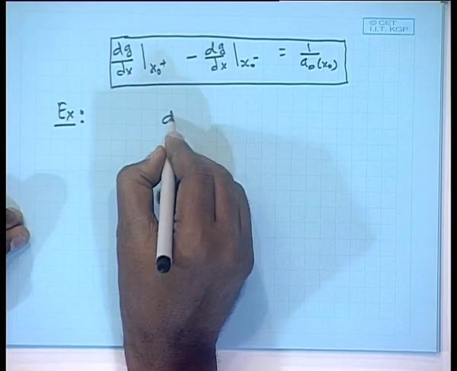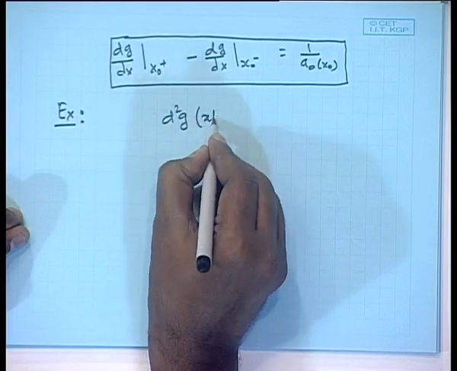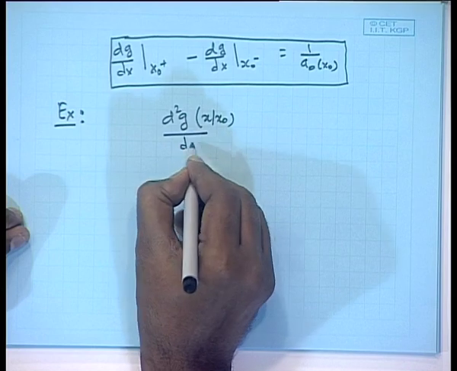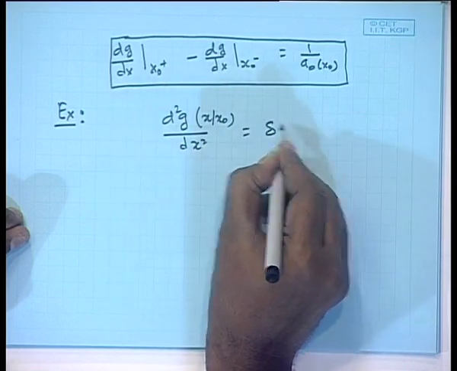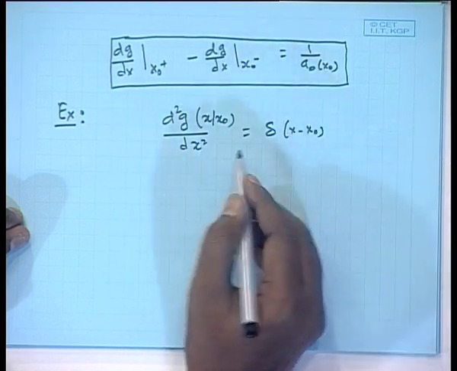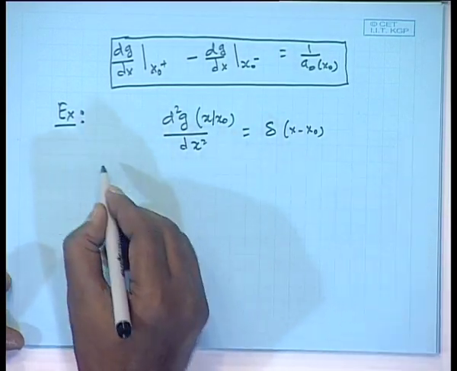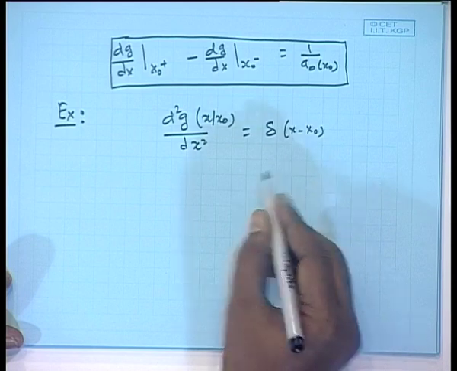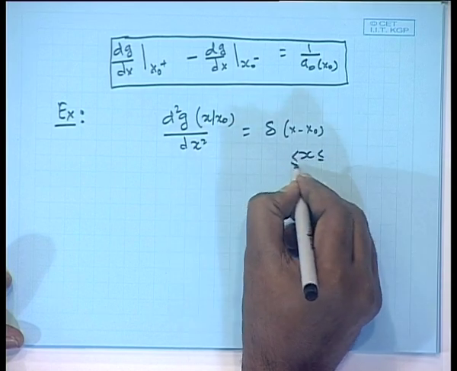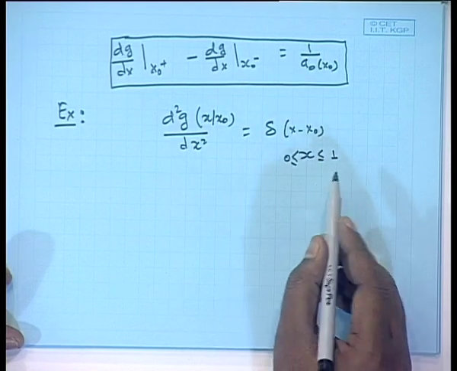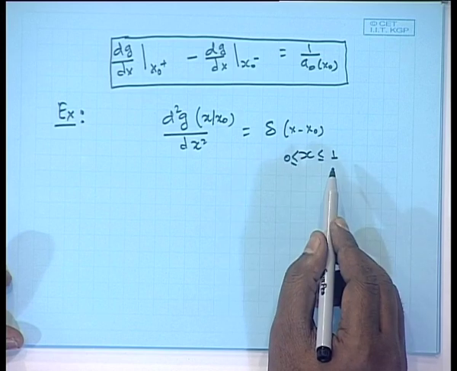The example we are talking about is d square g x by x naught dx square is equal to delta x minus x naught, for the domain where x is lying between 0 to 1, and x naught is a point in between 0 and 1.